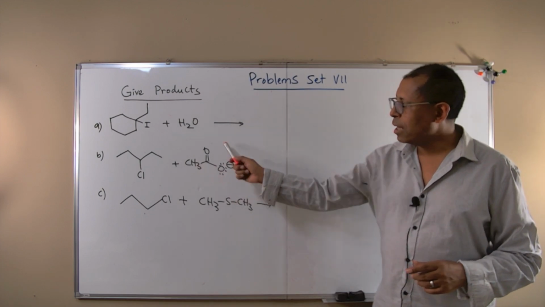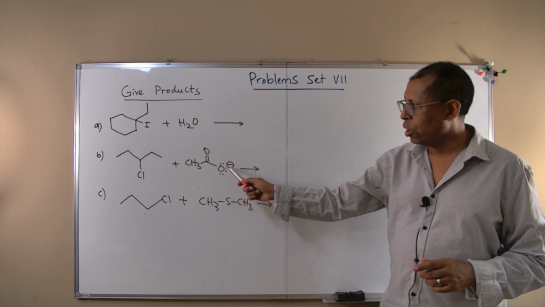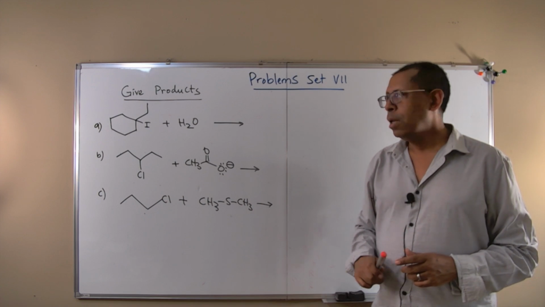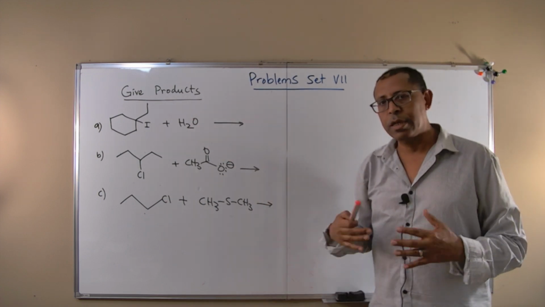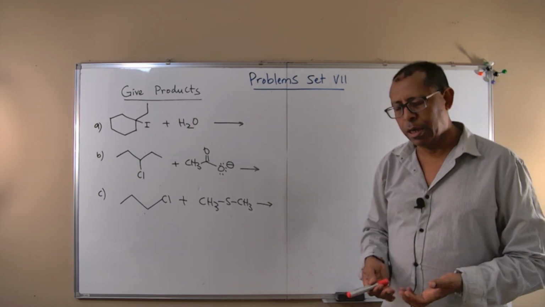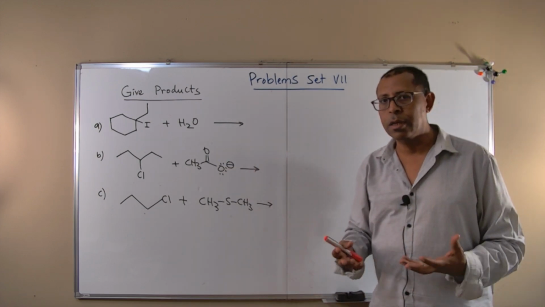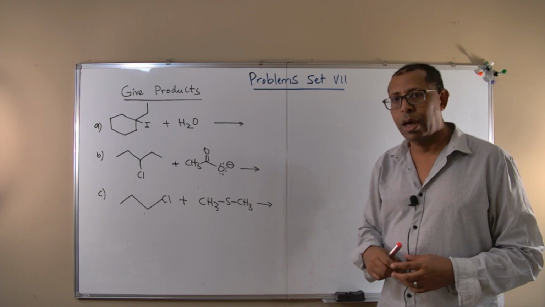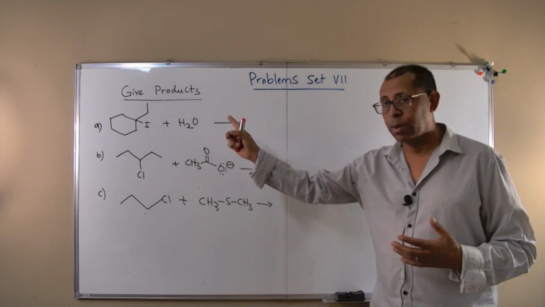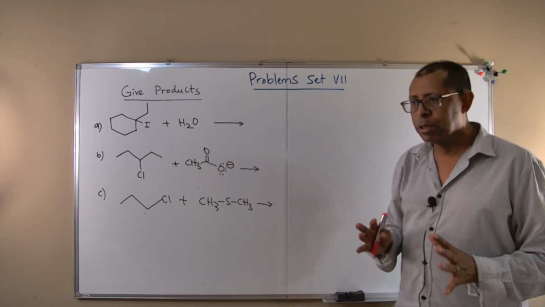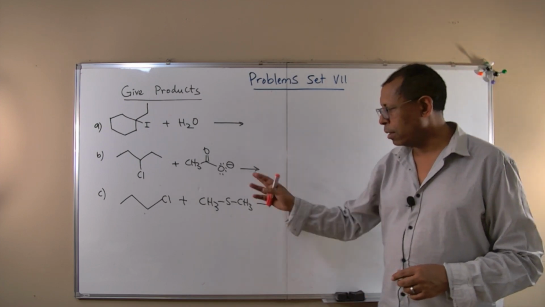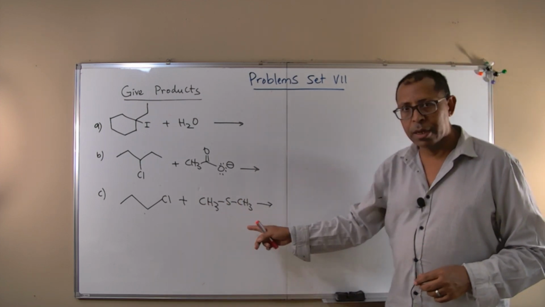We have an acetate anion, which is fully negatively charged. Water is a neutral nucleophile, whereas the acetate anion is a fully charged anion. Even though it's resonance stabilized, it still acts as a nucleophile. Here you have a dimethyl sulfide.